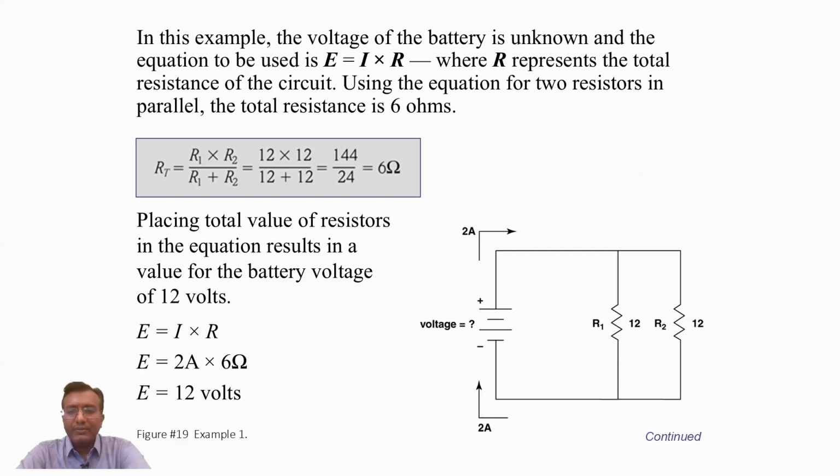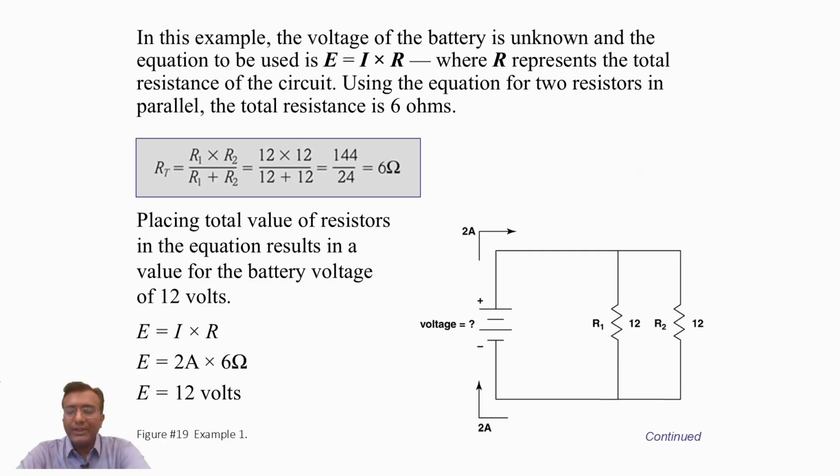So first of all, we can determine the equivalent or total resistance of this parallel combination. That is given by the multiplication of individual resistances, or the product of individual resistances, divided by the sum of individual resistances. That comes around to 6 ohms.